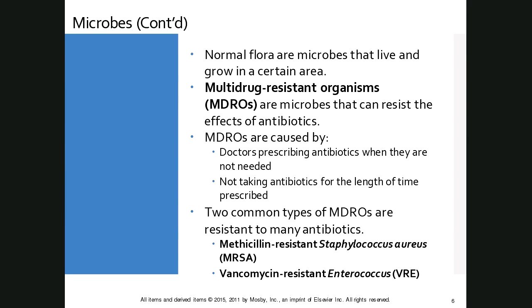The two common types of MDROs are MRSA, which is methicillin-resistant Staphylococcus aureus. That's why it's easier to say MRSA. And then VRE, which is vancomycin-resistant Enterococcus. When MRSA was first coming out and we were trying to prevent it from spreading, this is a really smart microbe that can outwit the antibiotic we used to use for Staphylococcus aureus.